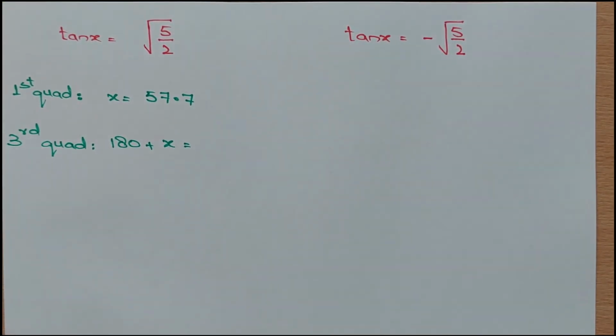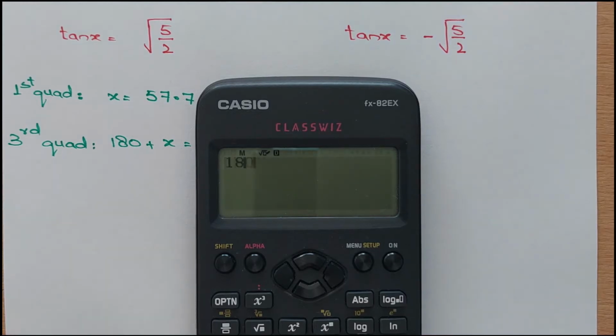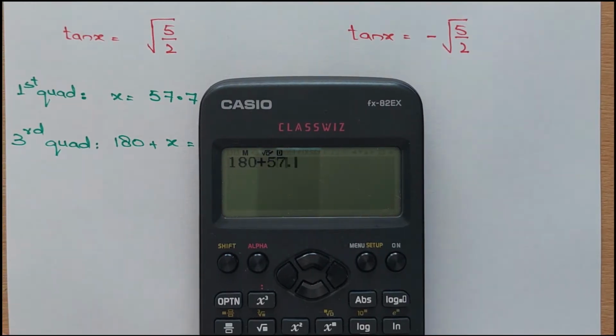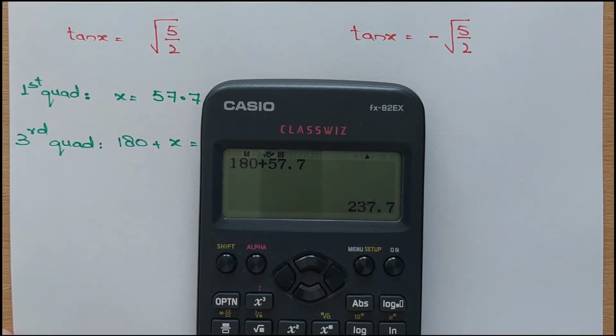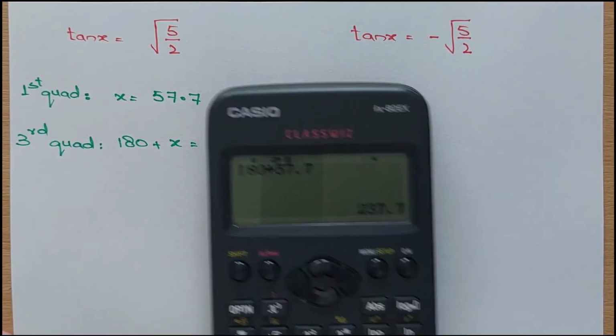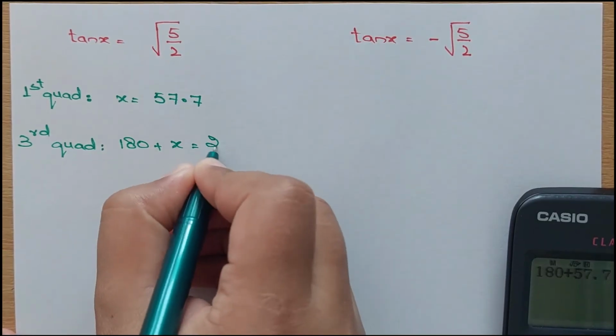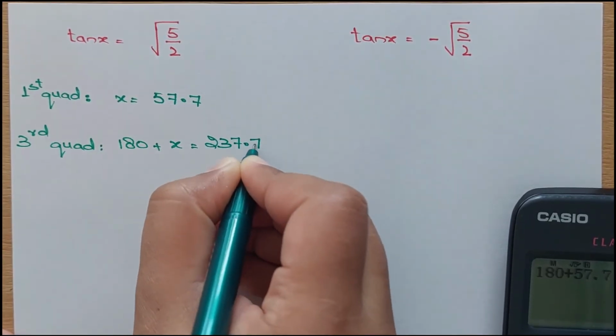What is 180 plus the x value, 57.7, that is equal to 237.7, and this belongs to the domain between 0 to 360. 237.7, right?